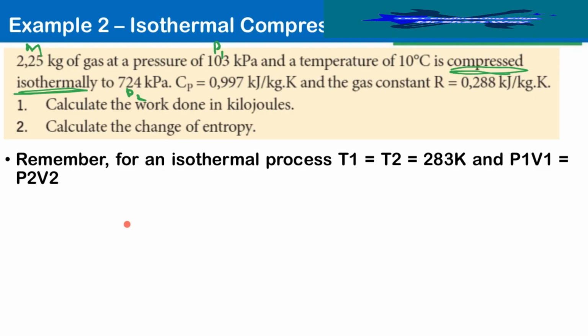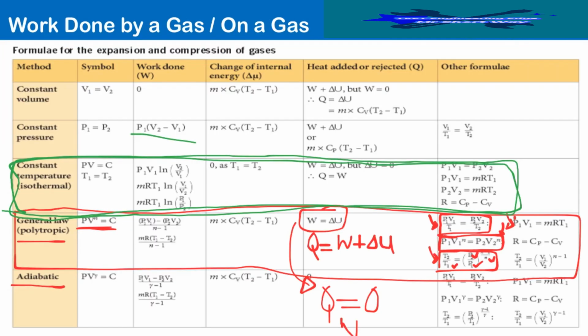Does it make sense? So looking at the variables given here, what work equation are we going to use? The second one, MRT. So Michael says we're going to use MRT1 multiplied by the ln of V1 over V2, right? Well, the second equation, Mike, is actually the same as the first if you look at it properly. Remember P1 V1 is equal to MRT1.